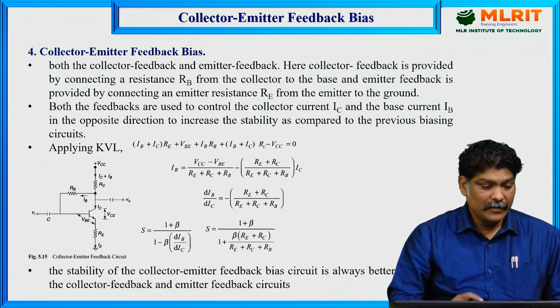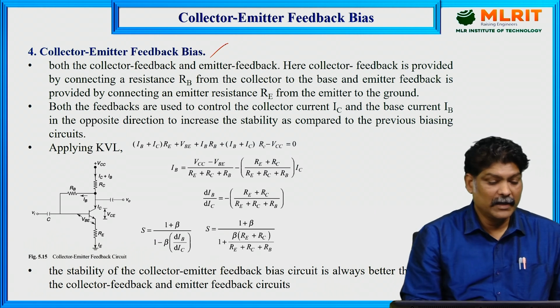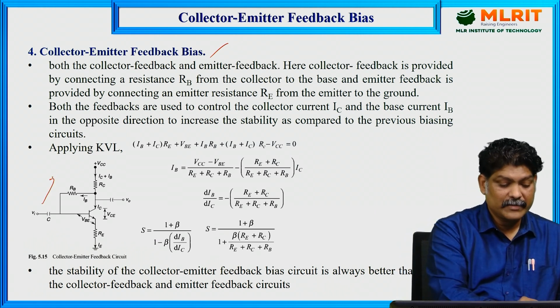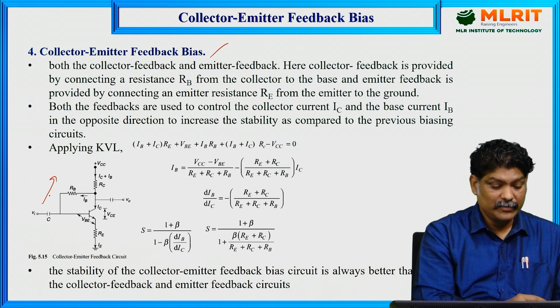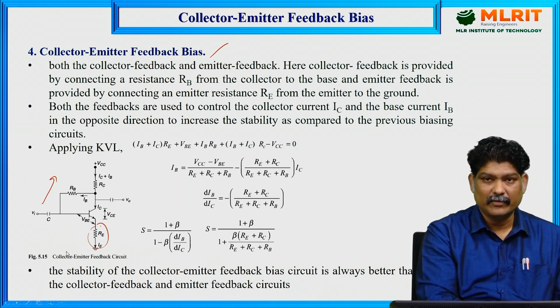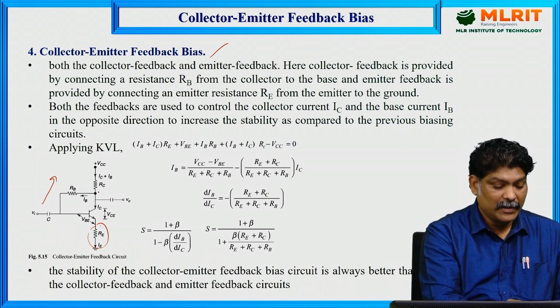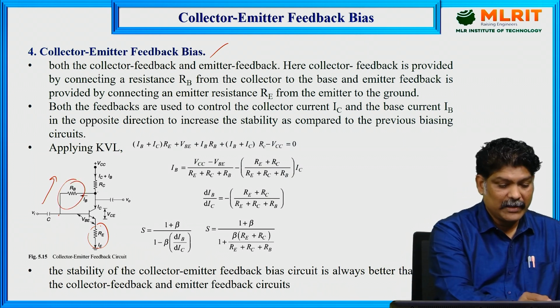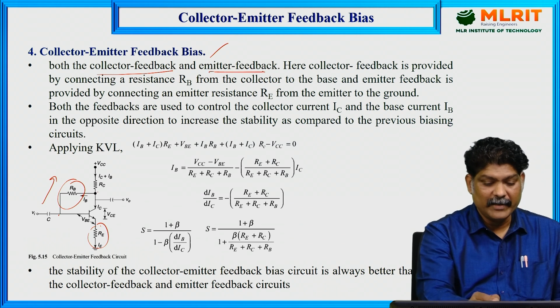Similarly, we have another one, collector to emitter feedback bias. This is the circuit for collector to emitter. Here again we have added an emitter resistor, and as in collector to base, RB is there. So we have introduced both collector feedback and emitter feedback.